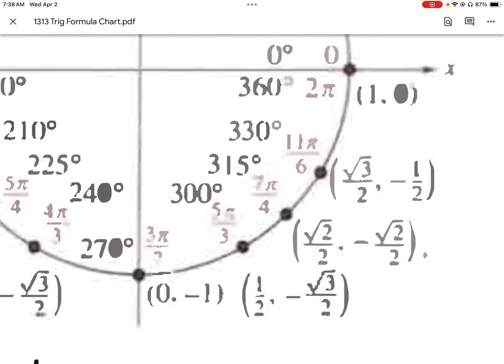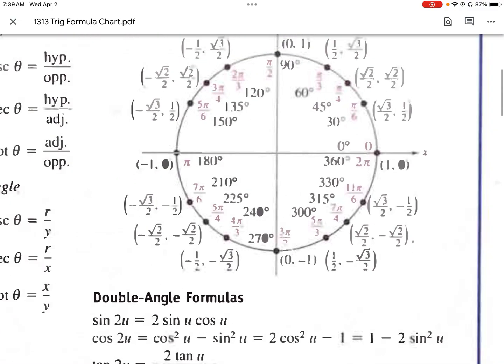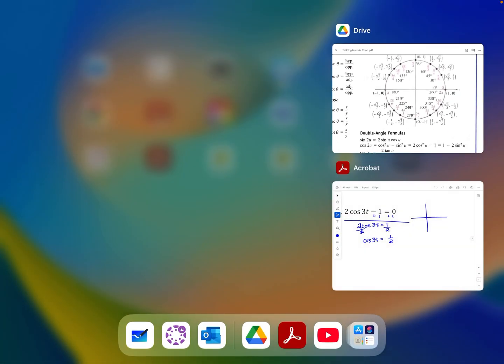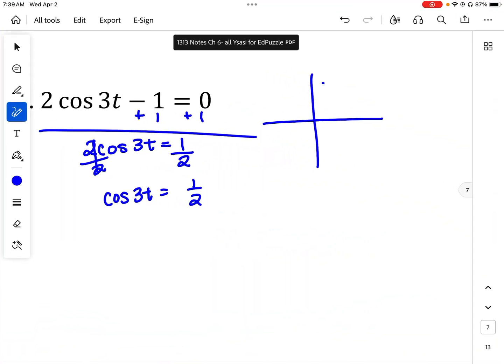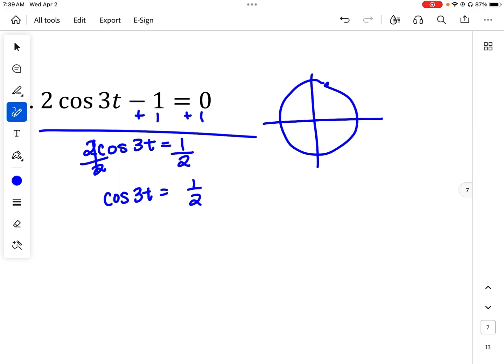And where else? Oh, over here, 5 pi over 3. So at those two locations, cosine is 1/2. So I'm going to just draw my unit circle, pi over 3, and at 5 pi over 3.